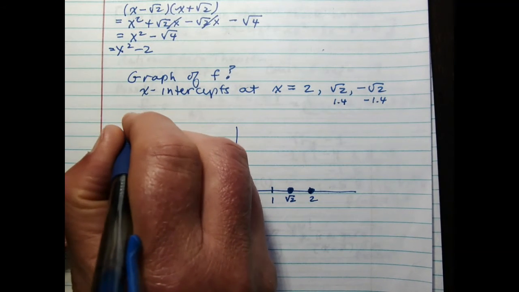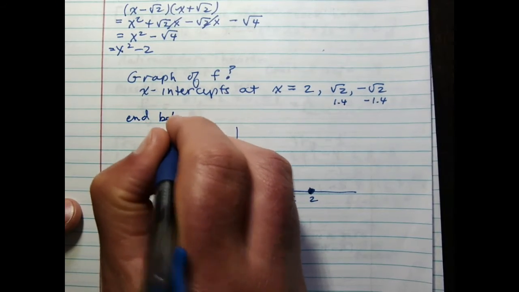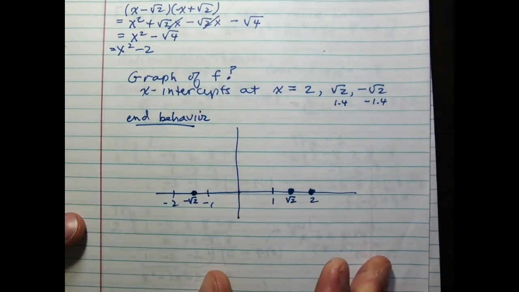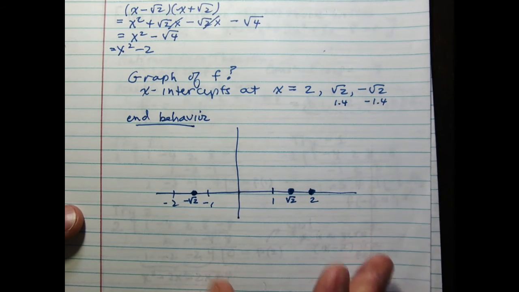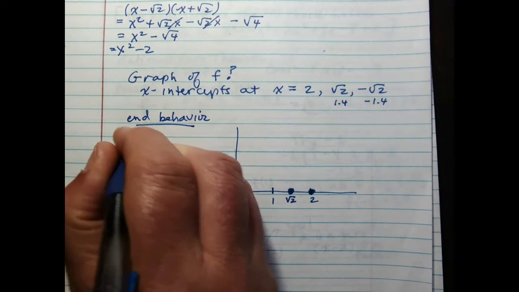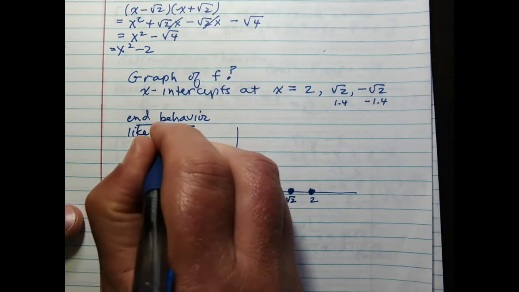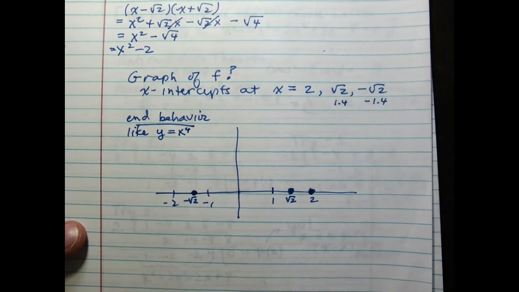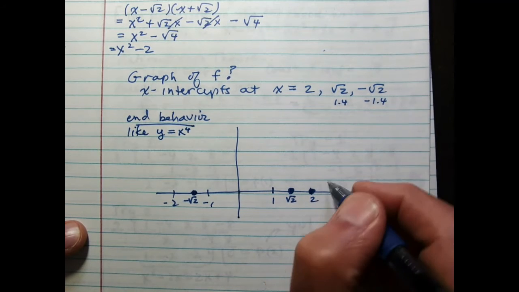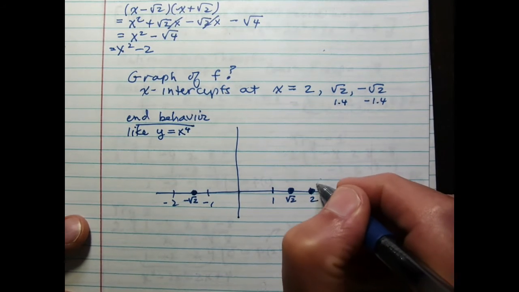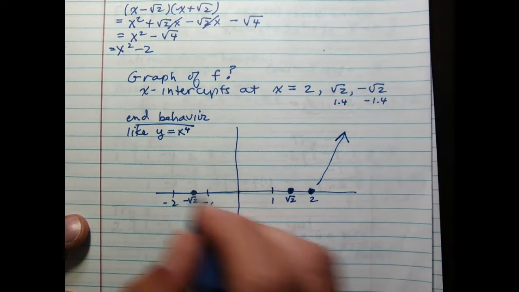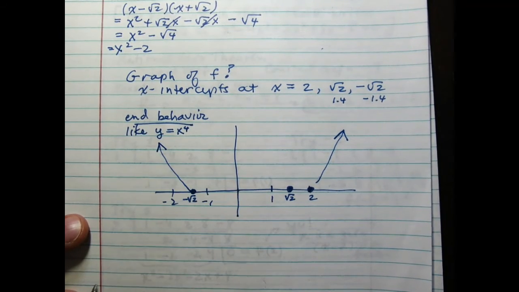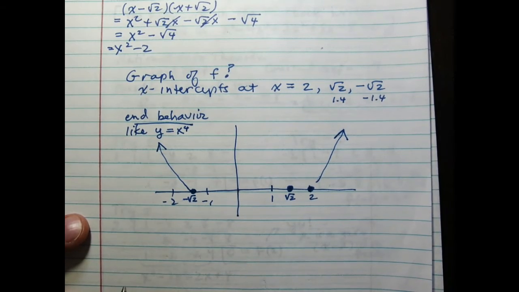The end behavior, because this is a fourth degree polynomial function, is going to be like y equals x to the fourth, because our lead coefficient is positive. So from this 0 on the right, the graph has to rise up. From this 0 on the left, the graph also has to rise up.